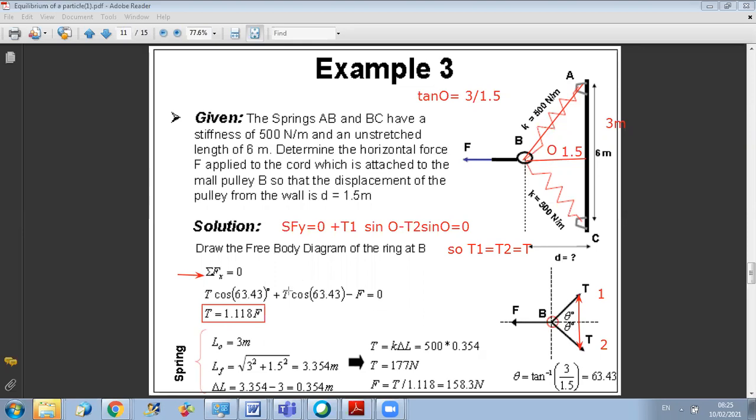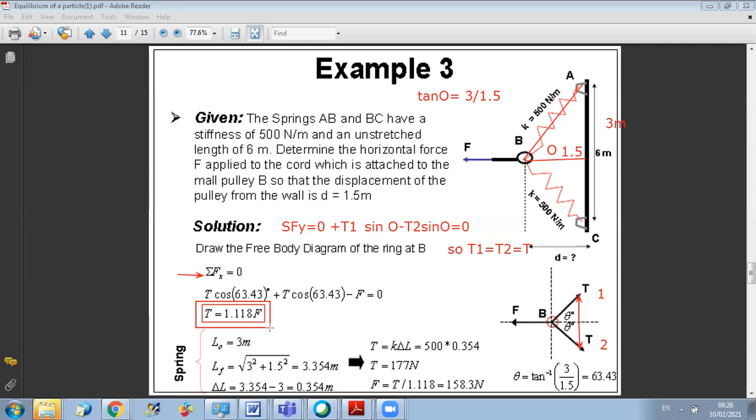I get a relation between T and F, but F is also unknown. So I am not done, because in this equation I have two unknowns, T and F. To find F, I should find the value of T. How can I find T? T is the force in what? T equals K s. Exactly, because I have a spring.